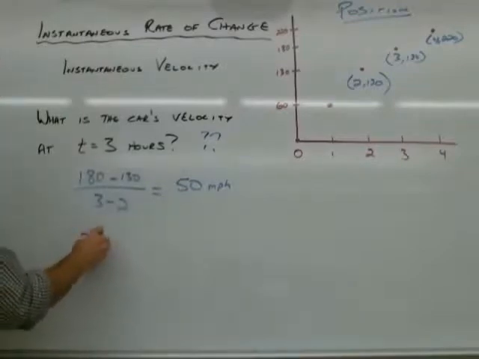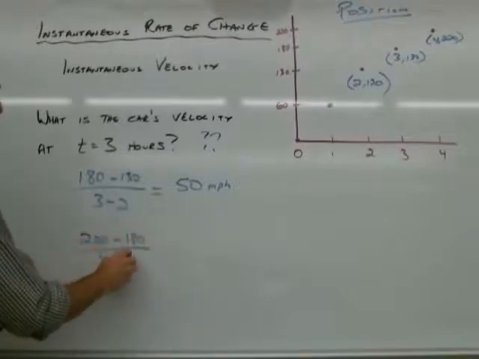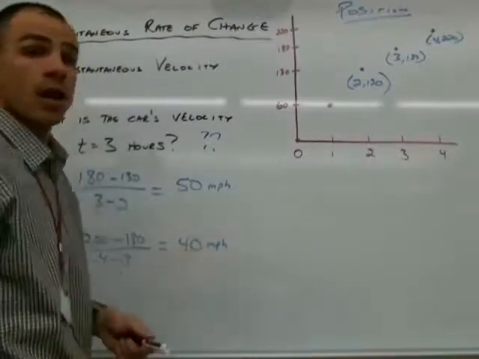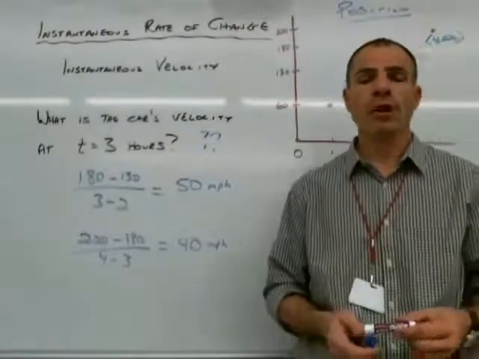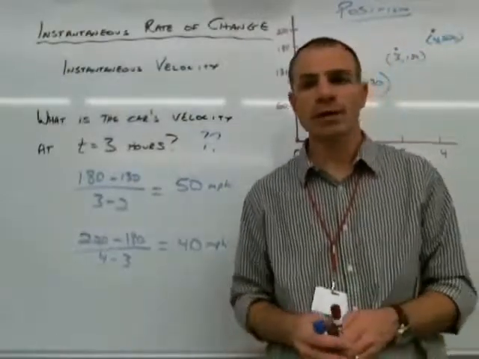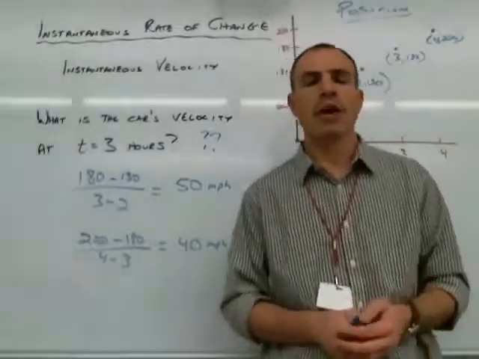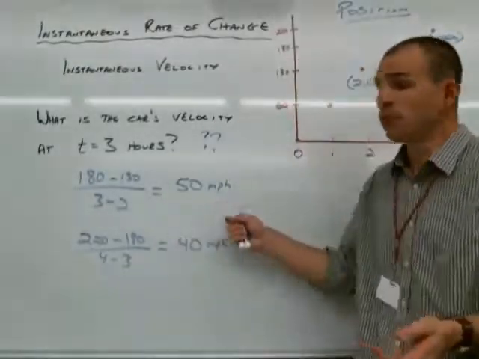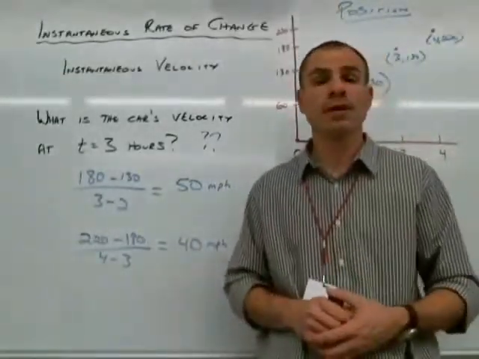That would be 220 minus 180 over 4 minus 3. Which would give us 40 miles per hour. So we know that we averaged 50 miles per hour before the 3-hour mark, that 1 hour beforehand, and we averaged 40 miles an hour after the 3-hour mark for 1 hour. So perhaps if we take those two and we average it, we get 45 miles per hour. Maybe that's a little bit better of an approximation.